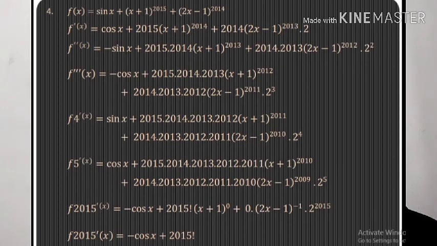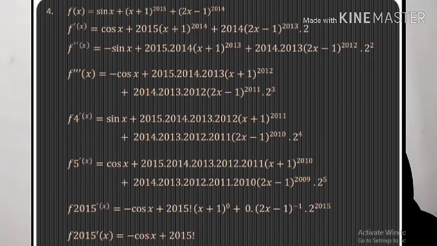When it's the second derivative, 2015 times 2014 times (x plus 1) to the 2013. The coefficient starts from 2015 till 2015 minus the degree of the derivative. And also for the third derivative, the fourth derivative, and the fifth derivative.